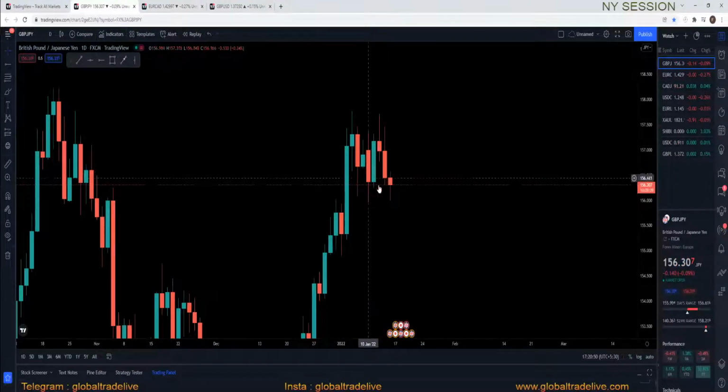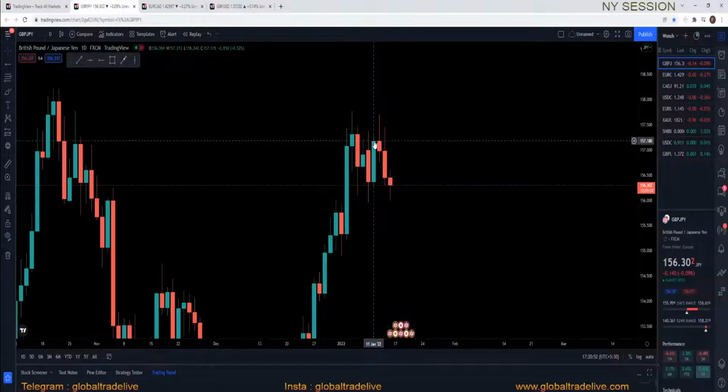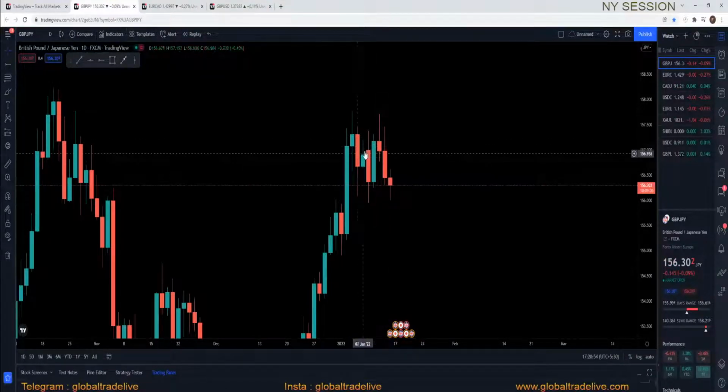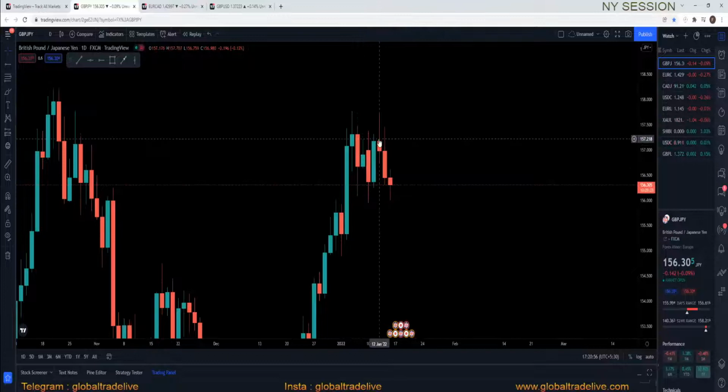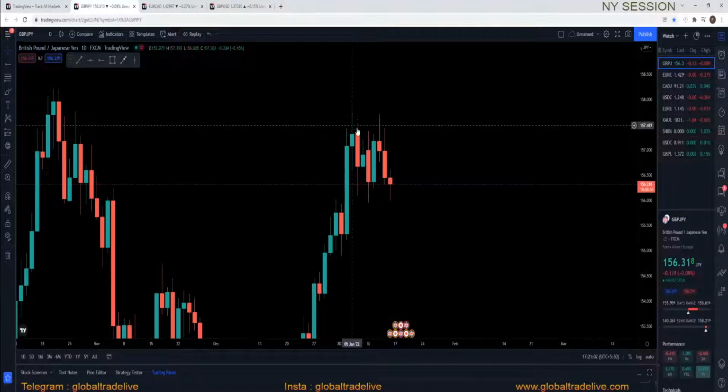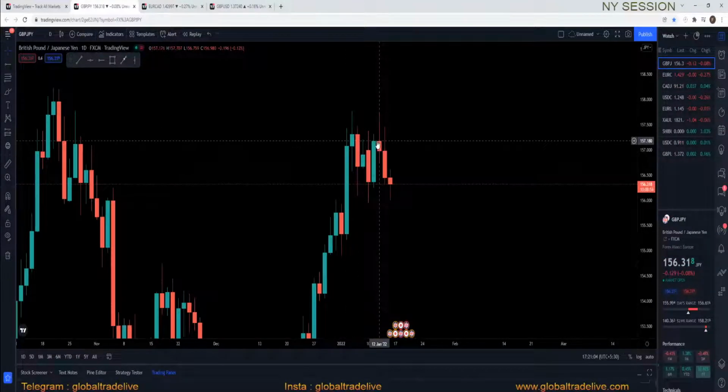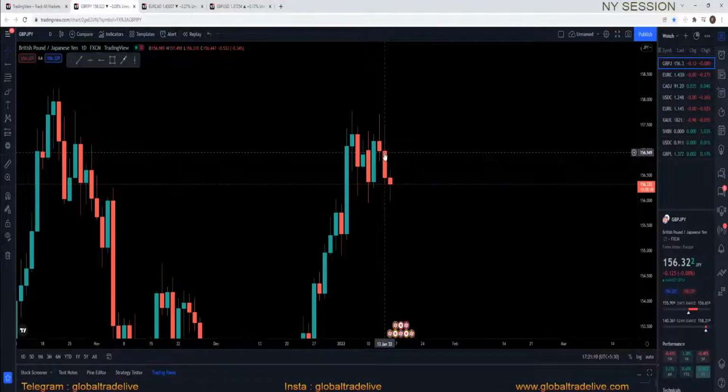That means a support has been formed, and this candle also closed above these bodies over here. That means this becomes a fake out, and then this candle over here went all the way up but closed weak bearish below this area. That means a lower low, you can say, has been formed, and yesterday's candle closed out a bearish one.